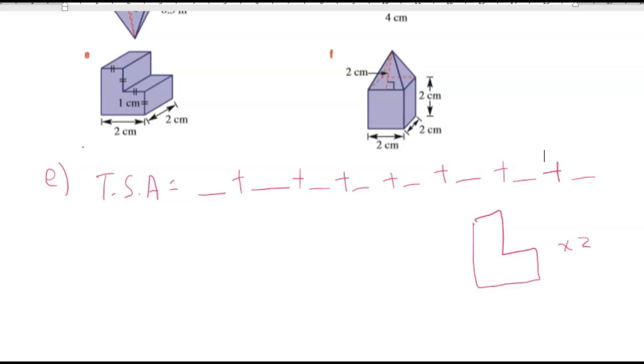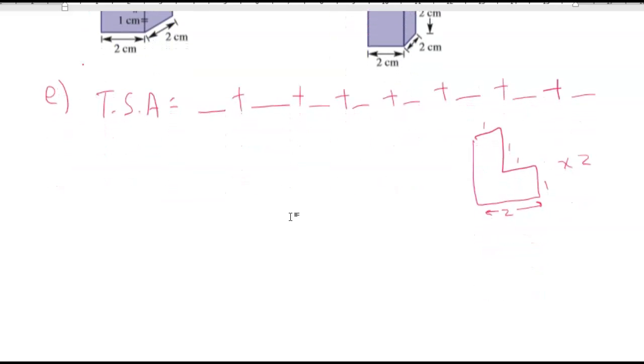And let's write down the dimensions. So this is 2. And these sides are all 1. Okay, we might talk about how to find the area of that in a second. Then we've got like the stairs, the rectangle on the stairs.